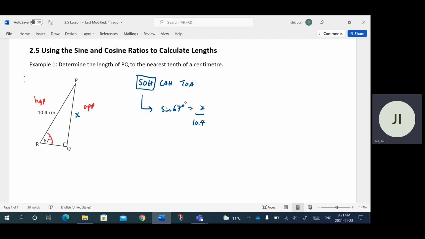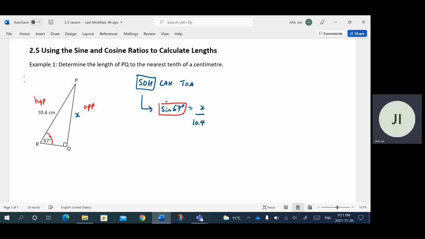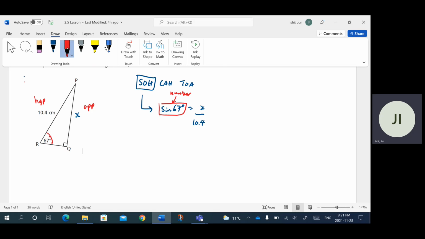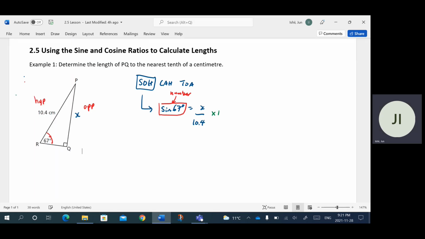All right, so just like what we did with the tangent ratio, what we want to do here is consider this sine of 67 degrees just as a number. It's a number that we get by punching into our calculator. So if I want to solve for x, in other words isolate x, I want to multiply both sides by 10.4.